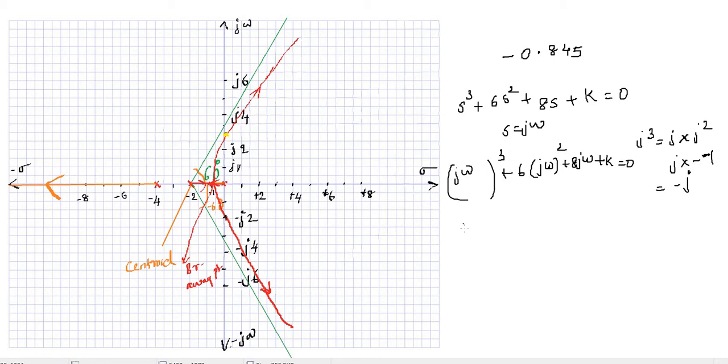So if we substitute that, we will get the value as minus j omega cube, and j square equal to minus 1. So we can write this as minus 1 into 6, that is minus 6 omega square plus 8 j omega plus k equal to 0.